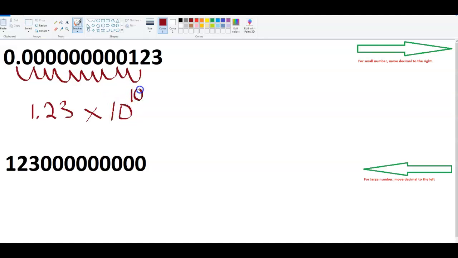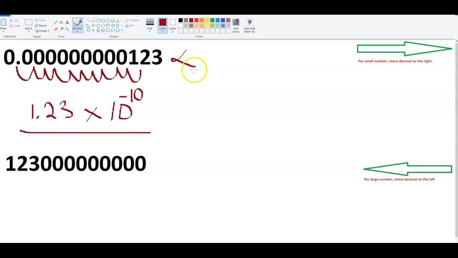The power of 10 simply tells me the number of times that I moved the decimal. I'm going to use a negative sign there because it indicates that if I want to write this number in this format, I have to move the decimal point 10 places.